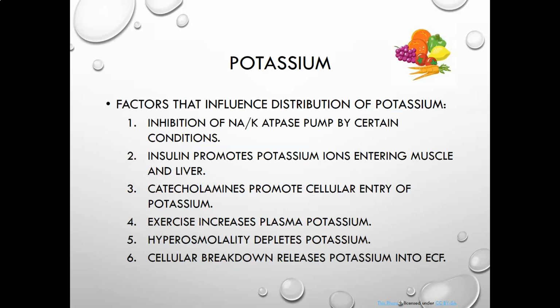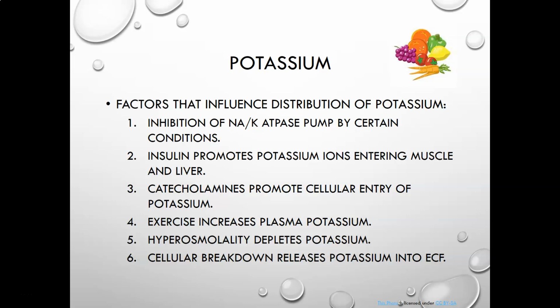Factors that will influence the distribution of potassium. Any inhibition of the sodium-potassium pump by certain conditions will obviously affect the concentration of potassium. Insulin promotes potassium ions entering muscle and liver cells, right? Your catecholamines, which are epinephrine, norepinephrine and so on, promote the cellular entry of potassium, so they move potassium where it belongs.